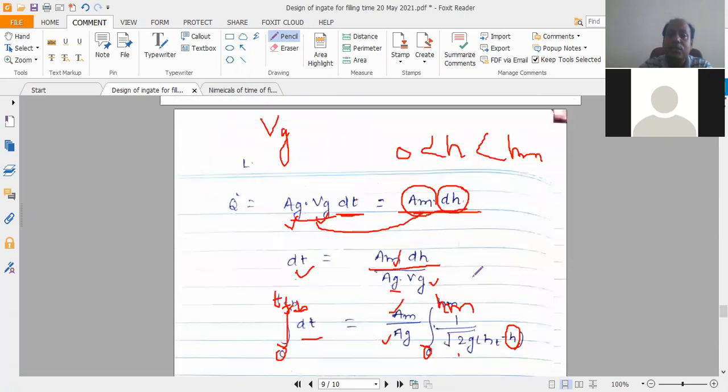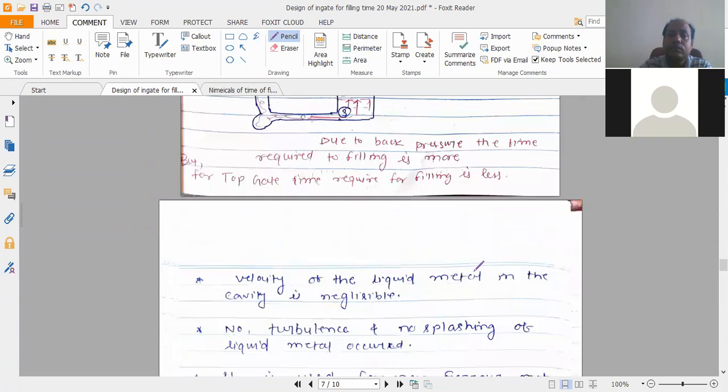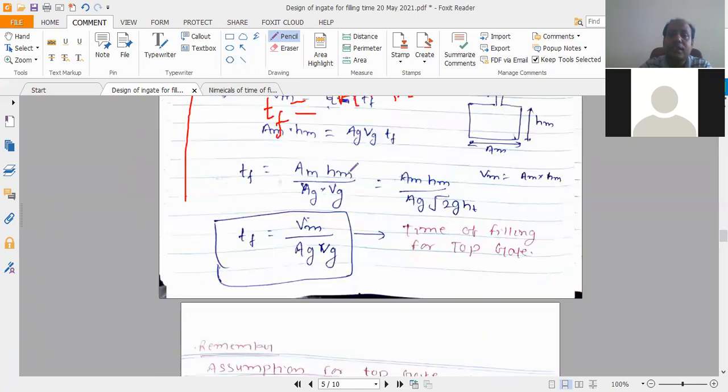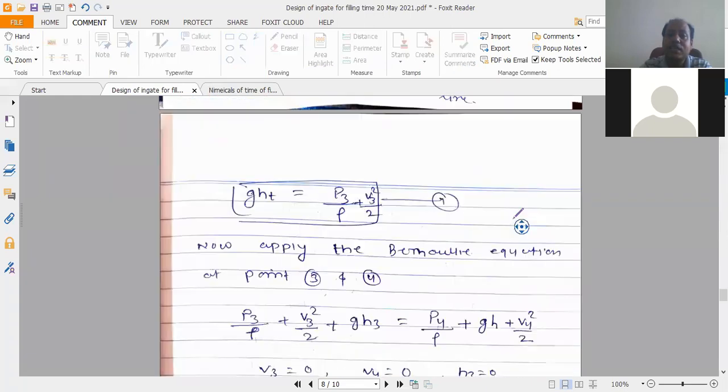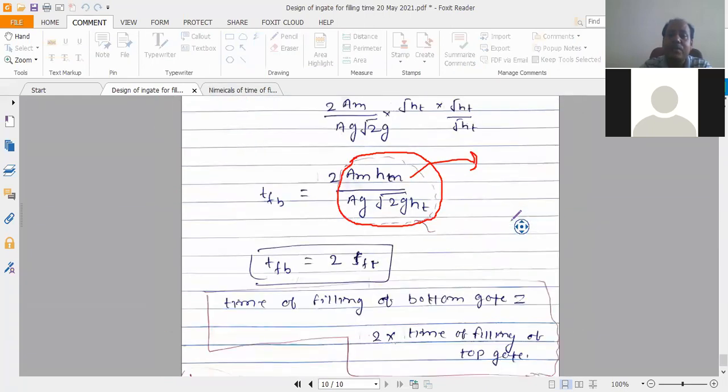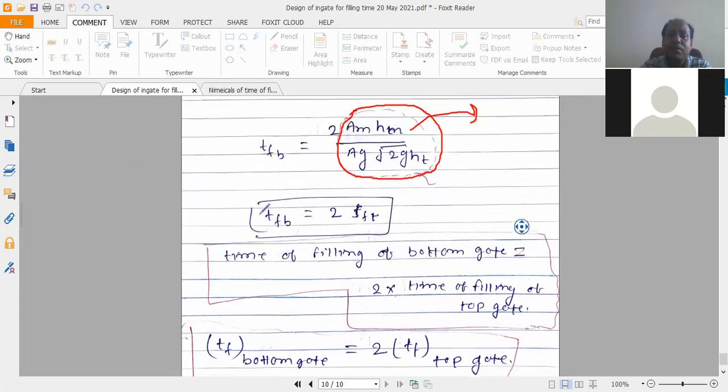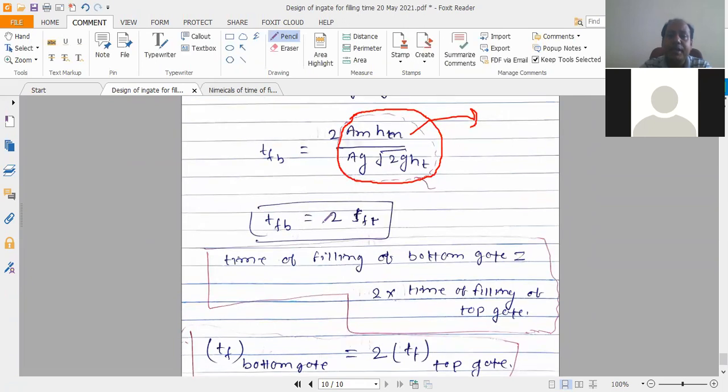Look at the above equation. This one is equal to the top gate. So here we can see that the time of filling by the bottom gate is equal to 2 times the time of filling by the top gate. So the special case is there.